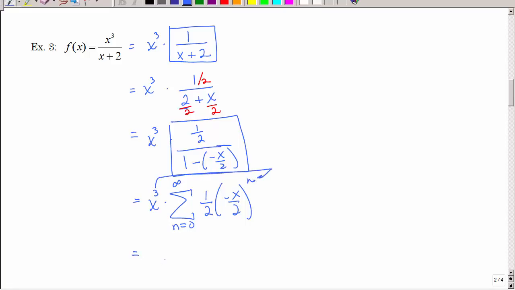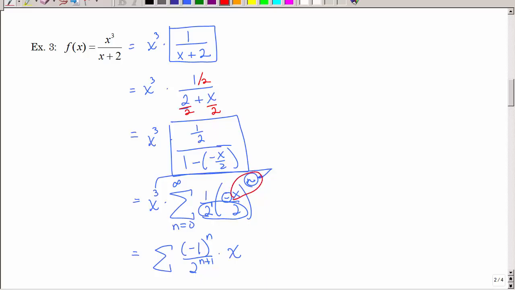So let's see if we could do that. And we could maybe join up the 2's and take out that negative 1. So let's see if we can do all of that. So I'm going to take negative 1, and that's still to the nth power. The 2's, 2 to the first and 2 to the nth, that would be 2 to the n plus 1 power. Then I would have x.